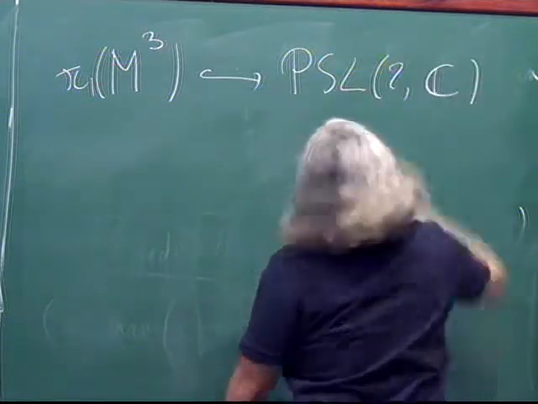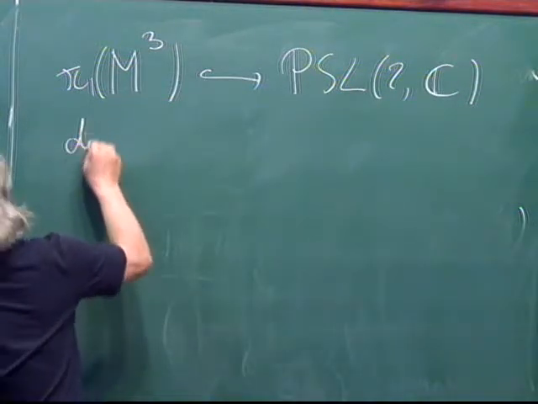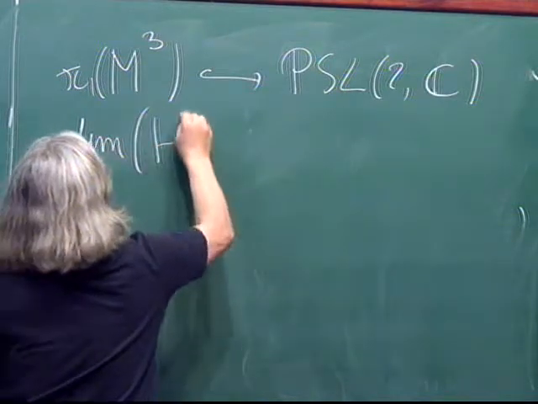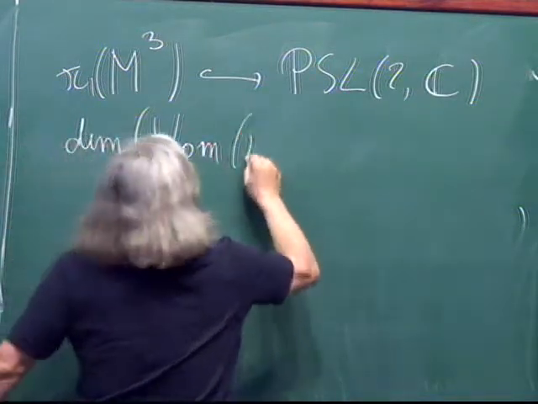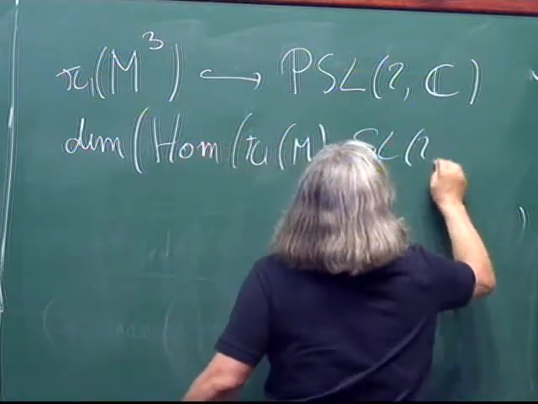Now let us try to play the same game that we played here, and let us try to compute the dimension of the homomorphism space. Dimension of Hom(pi 1 M, SL2C).